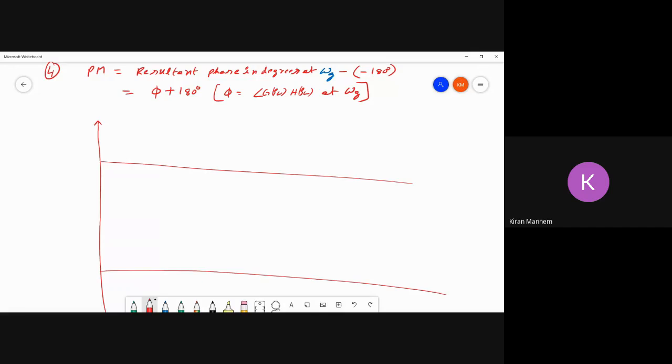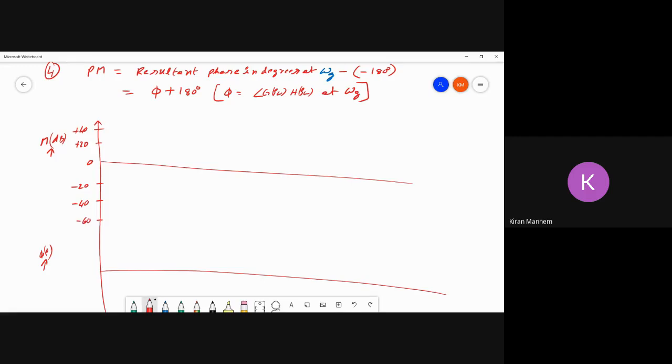This is magnitude in dB. This is phase angle in degrees. Let us put plus 20, plus 40, the 0 dB line, minus 20, minus 40.